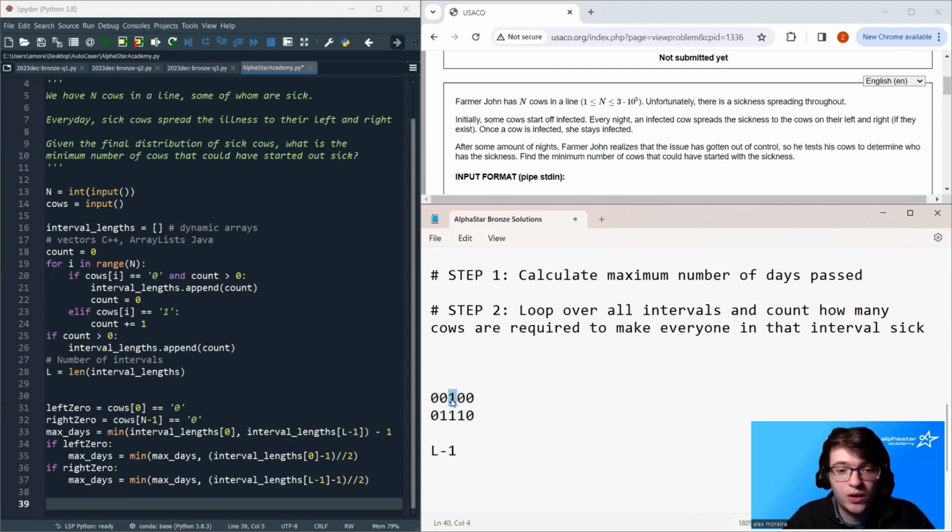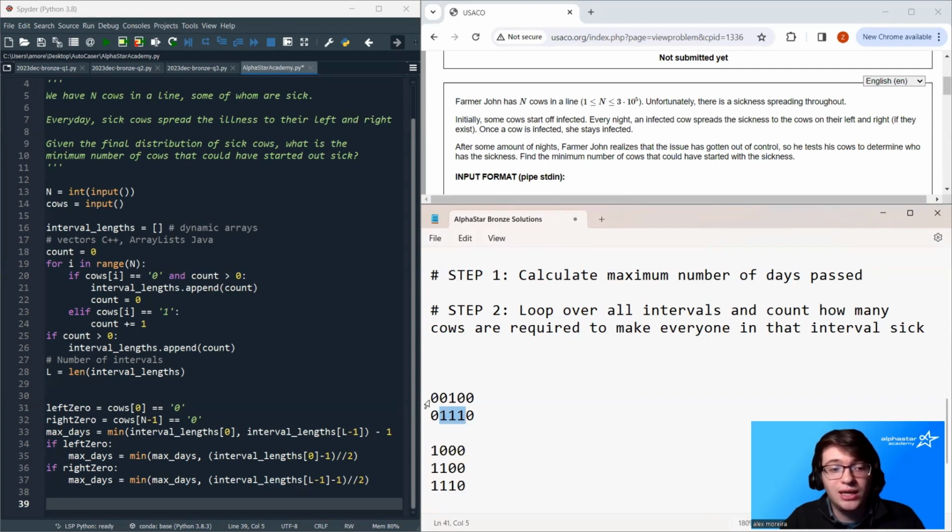Because this one cow spreads to these 2. However, if that left 0 didn't exist, then I could do something different. And I could actually take 2 days to spread the sickness to those 3 cows. Because I start the cow all the way to the left, and then on each subsequent day, it only expands by 1 unit at a time, rather than 2 units at a time.